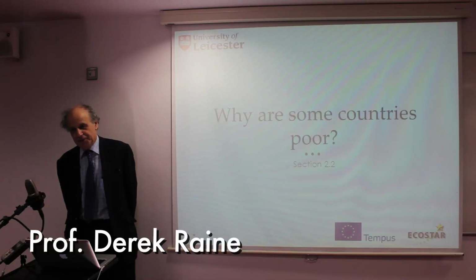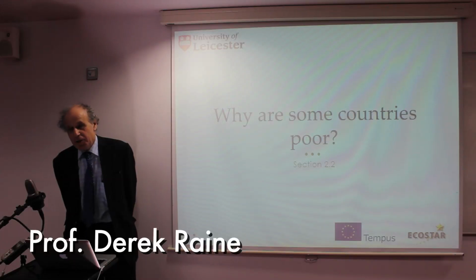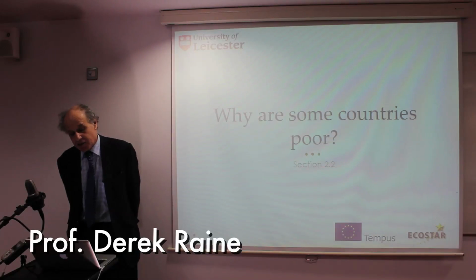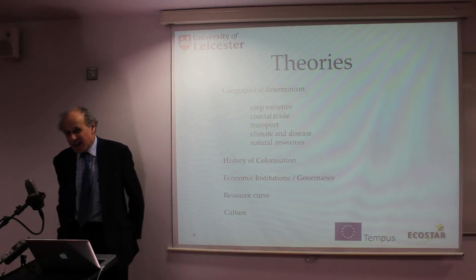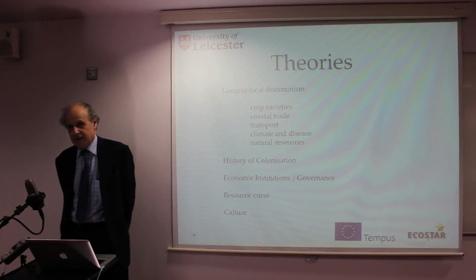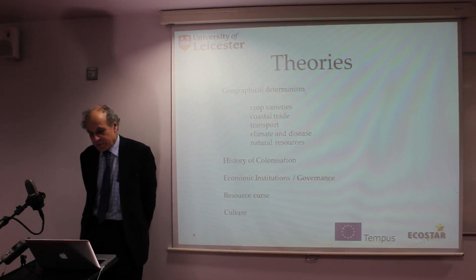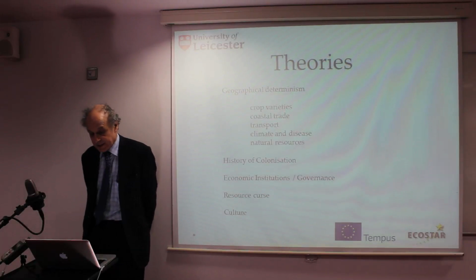In this section of our talk on the politics of poverty, we'll look at why some countries are in fact poor. There are a large number of theories put forward by various people, and I'm going to look at some of these, some of them in more detail than others, shown on this slide.